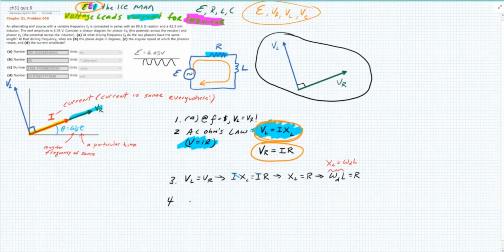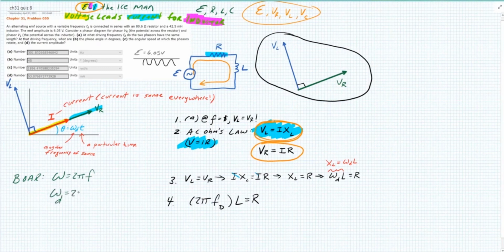Okay, so omega D. Well, here's omega D. Omega D is 2 pi F. So there's my dollar sign. Omega D times L equals R. There's my dollar sign right here. And we know from birth of a radian for the umpteenth time that omega equals 2 pi F. So if I wanted to personalize that here, I would say, well, I'm looking for specifically the driving angular frequency.